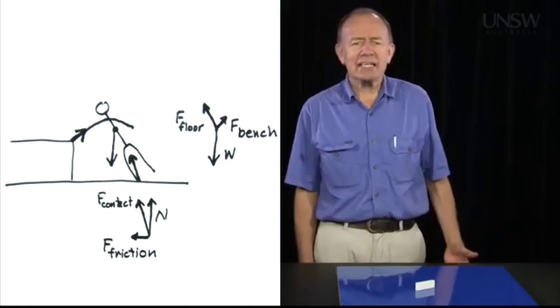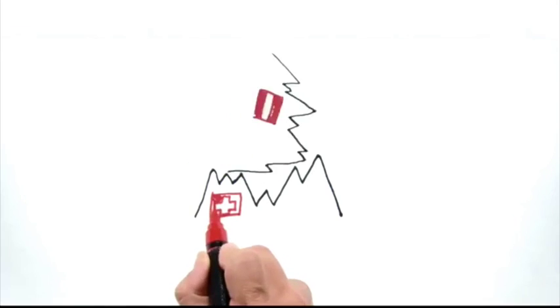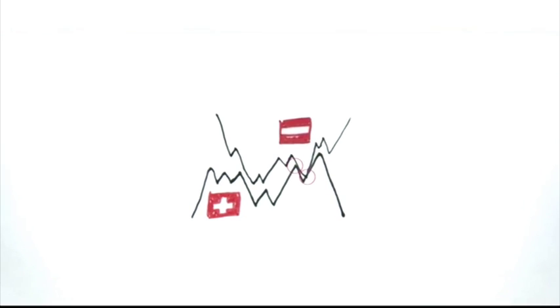But what exactly is friction? Well, on the macroscopic scale, this looks like the interaction of two flat surfaces. But on the molecular scale, it looks like taking Austria and putting it upside down on top of Switzerland. The surfaces are only in contact on a small number of small areas.